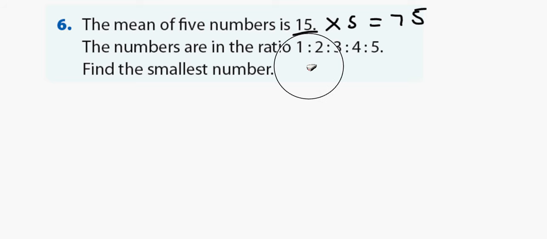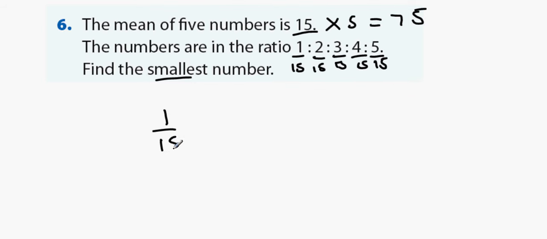So the first person is going to get 1 15th, the second person 2 15ths, 3 15ths, 4 15ths, and 5 15ths of the money. Now you want the smallest number, so that's 1 15th of the money, which is 1 over 15 multiplied by 75. 75 divided by 15 goes 5 times, so the answer is 5.